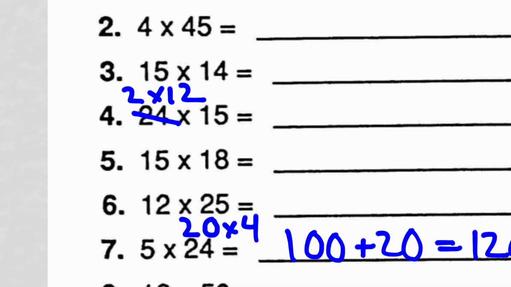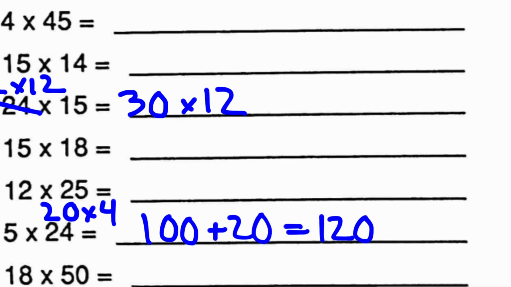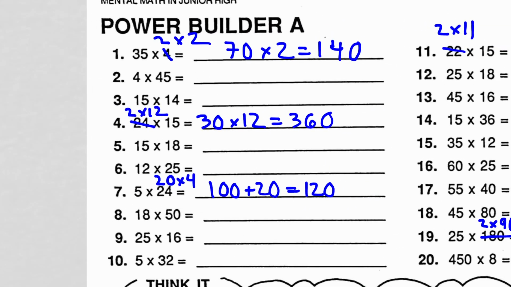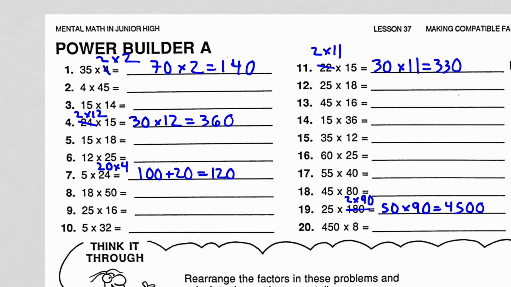Now I'm wondering if I did 2 times 15 is 30 times 12. And then I could do 3 times 12 is 36. Tack on a 0 for 360. So, bunch of different ways to do these. Going to make you think a bit.